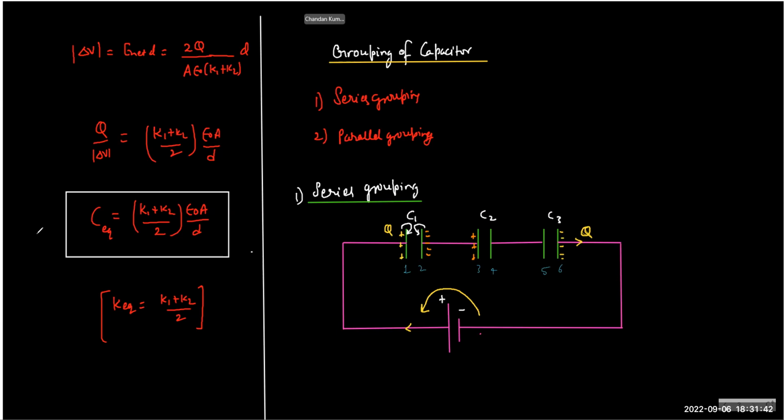The outer surface can acquire charge only if you give charge externally, because we know that half of the charge will appear outside and half will appear inside, and then it will follow the charge conservation rule. So this plus-minus way of representing is misleading, because you may think that, okay, I am giving charge to the outer plate.